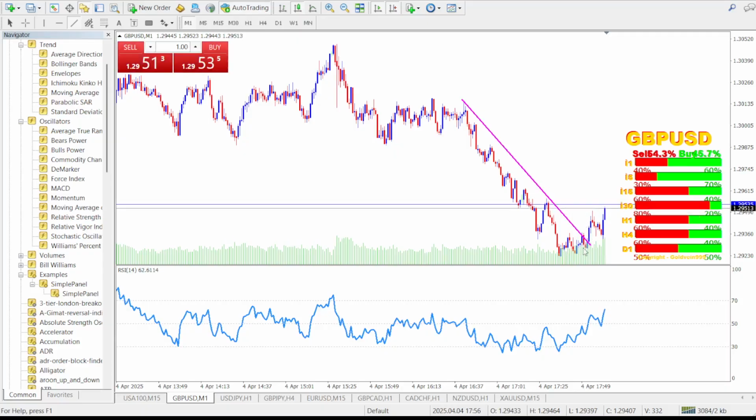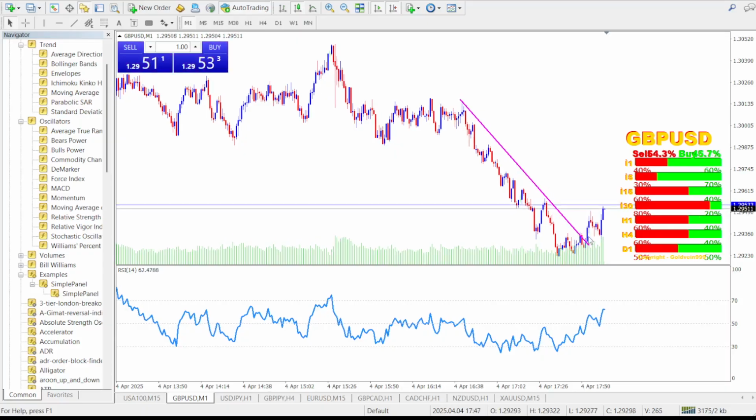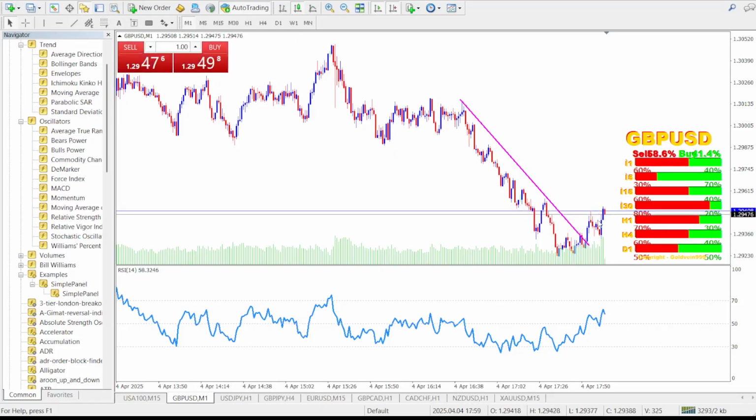So maybe you have price breakout of the bearish trend line, and then you notice that a bullish pattern is forming. Like what we can see here now, we actually had a breakout and then a retest, and now it's looking like price is aiming for further upsides, right? So in that situation, you might want to be looking for buy opportunities, although there is a lot of noise on the 1 minute time frame.